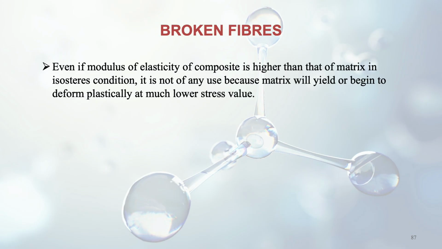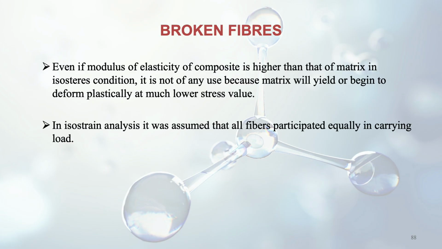So whichever one, whether it be the matrix or the fiber, can carry the lesser load, that value will be taken as the stress, because the higher one we cannot take, as the other one will fail. And even if the modulus of elasticity of the composite is higher than that of the matrix in isostress condition, it is not of any use, like I told you, because the matrix can carry only lesser load, so it will yield or begin to deform plastically at a much lower stress value.